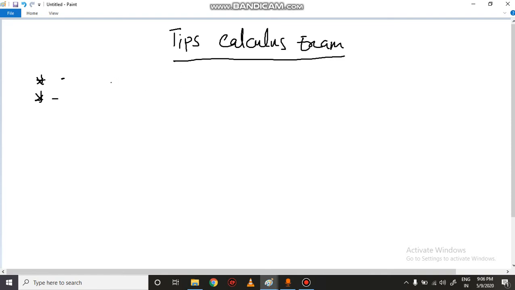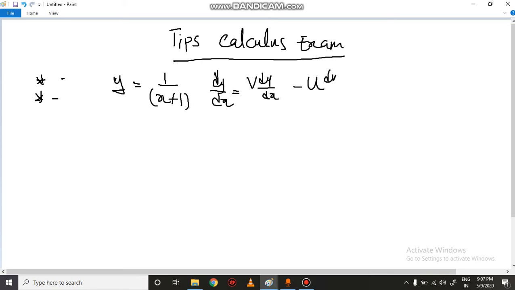For example, when a question like y equals 1 over x plus 1 is given to solve, you might choose to use the quotient rule, which states that dy over dx equals v du/dx minus u dv/dx, all over v squared.